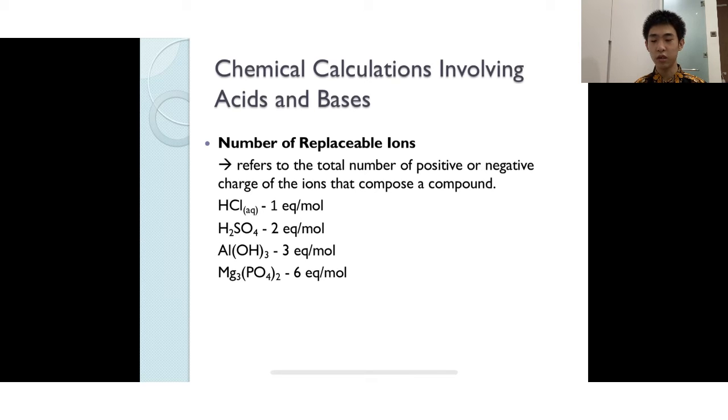For sulfuric acid, 2 hydrogen ions times 1 sulfate ion becomes 2 equivalents per mole. For aluminum hydroxide, 1 times 3 equals 3 equivalents per mole. And for magnesium phosphate, 3 times 2 equals 6 equivalents per mole.